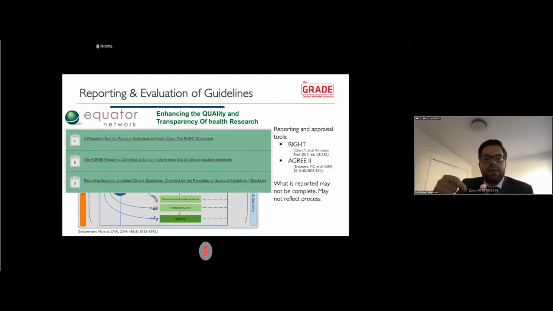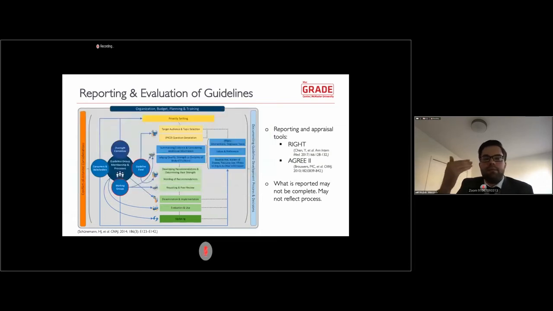And we have available the AGREE II instrument, which is a reporting checklist as well to evaluate guideline reports and the guideline development steps that were reported to make an appraisal of the credibility of a guideline. However, what is reported may not be complete in those reports and may also not reflect the process, given how the panel may interact, how the panel may complete the process, how the evidence synthesis was done, etc.